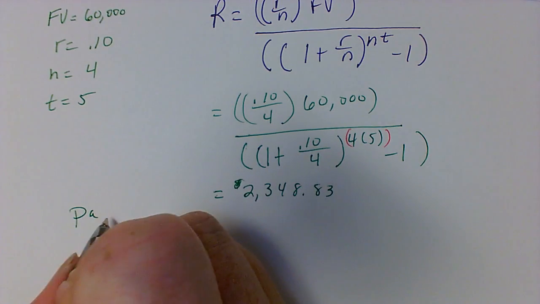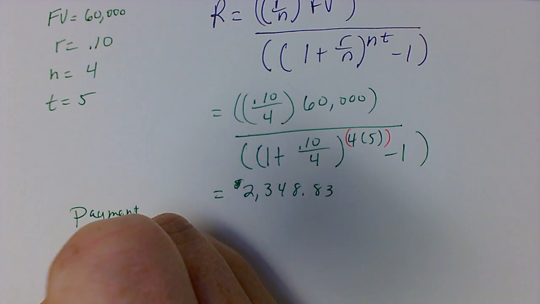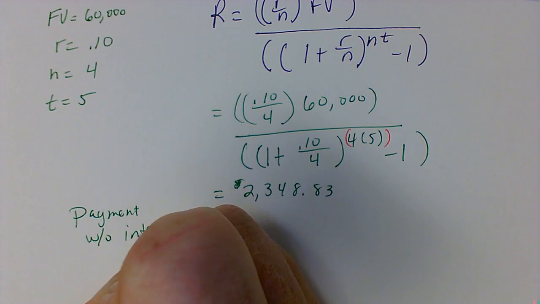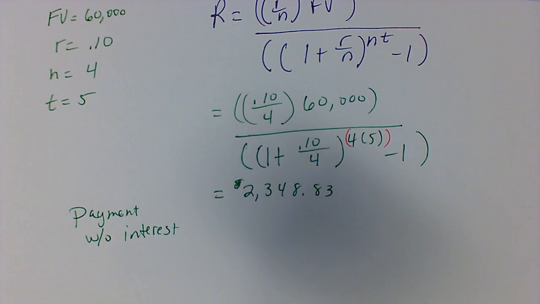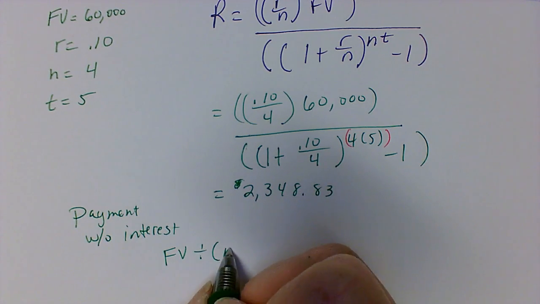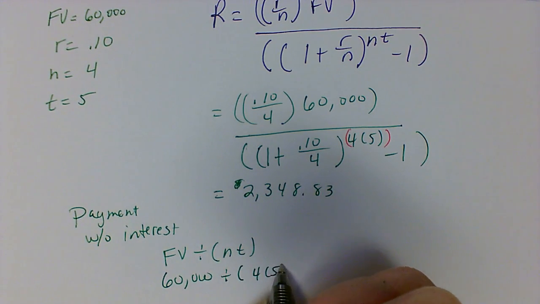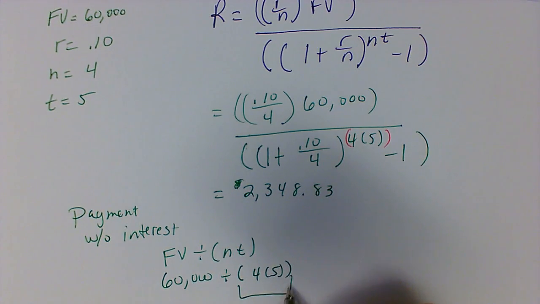Now, if we wanted to look at how much we'd actually have to pay without interest, because this is an interest-bearing account, which saves us from actually putting in as much, if we wanted to save the amount totally on our own, this would take our future value divided by our N times T. So in this case, our future value is 60,000 divided by 4 times 5, which is equal to 20.